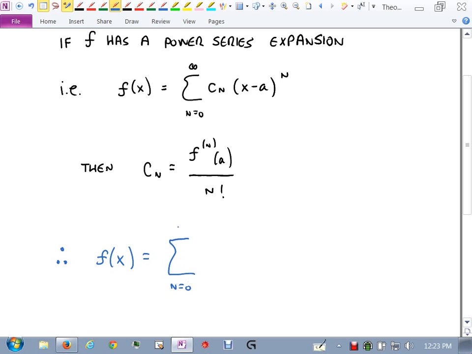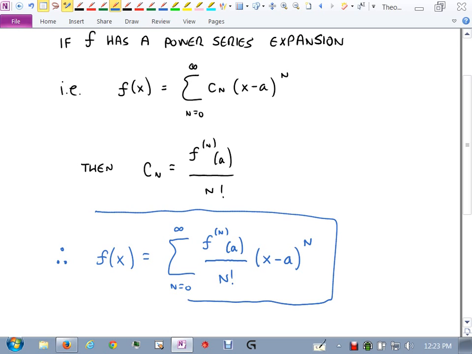N equals 0 to infinity, f, the nth derivative at a over n factorial, x minus a to the n. Yes, that is the big daddy right there. Of course, we always have to assume here that we are within the radius of convergence, all right? If we're not within the radius of convergence, this isn't going to work.